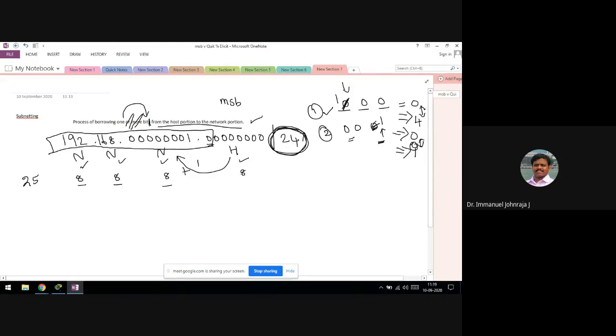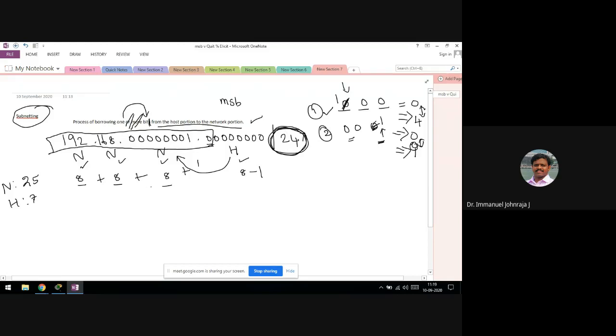Host portion has got 8 bits. Now we are getting into the process of subnetting, where one bit from the host is borrowed to the network portion. Hence the number of bits becomes 8 plus 8 plus 8 plus 1. Number of bits in the host becomes 8 minus 1. Now number of bits in the network becomes 25. Number of bits in the host becomes 7.